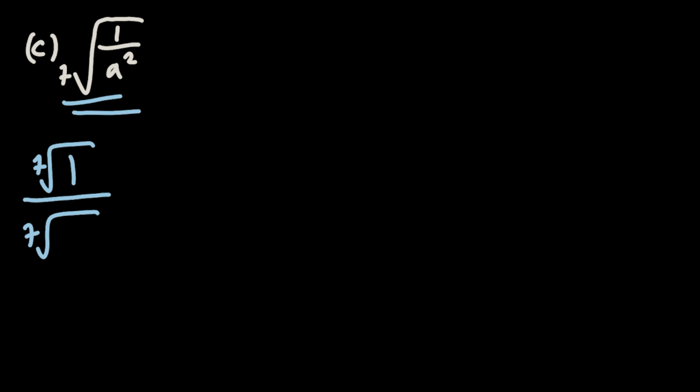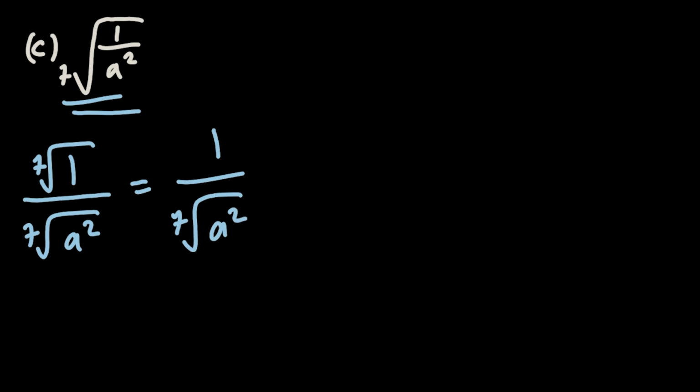Let's see part C. So here we'll just write this root as this, so we'll have the 7th root of a to the power 2, and we can simplify it as 1 over the 7th root of a to the power 2.